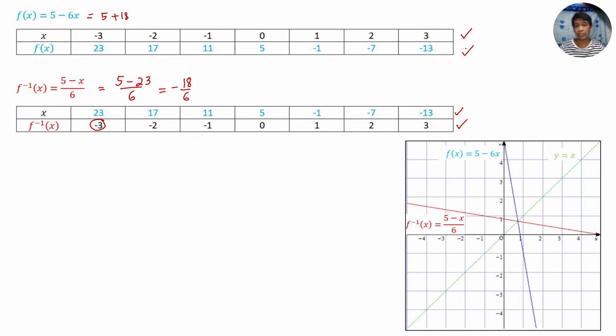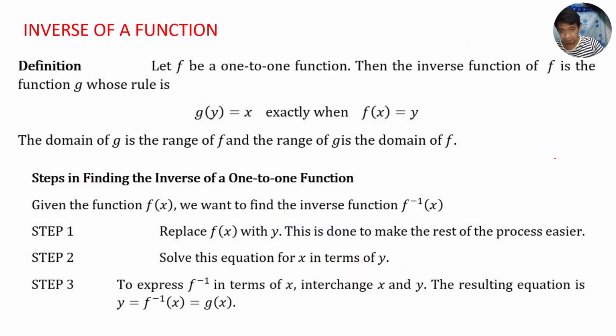So, if we look at the graph, we have 5 minus 6x, that's the original function, and its inverse. Notice that it is symmetric with respect to y is equal to x. So, what is the use of this y is equal to x? Let us investigate.